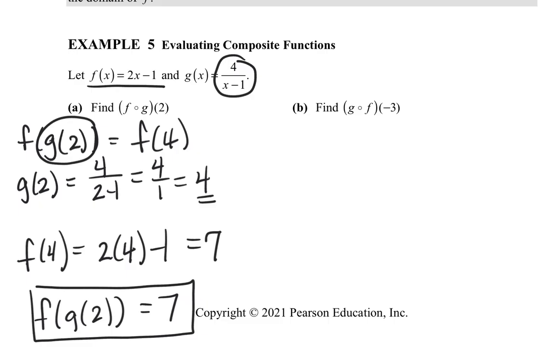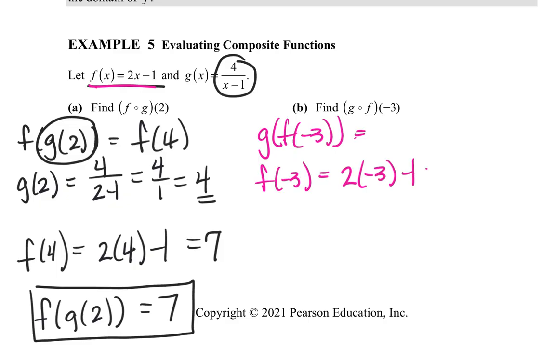So this one over here, we have g of f of negative 3. So we're going to find f of negative 3 first. You're going to use f. So that's 2 times negative 3 minus 1. So that's negative 6 minus 1, which is negative 7.